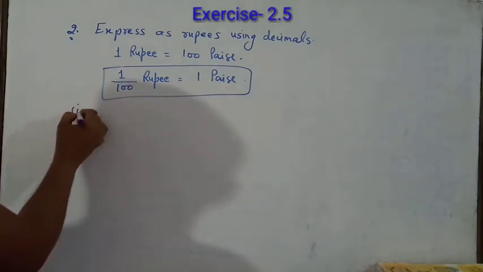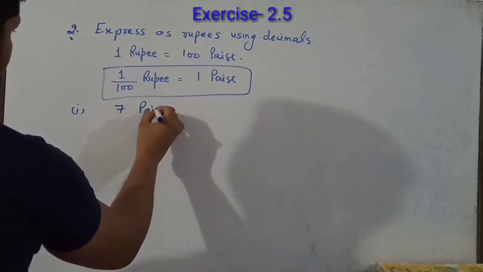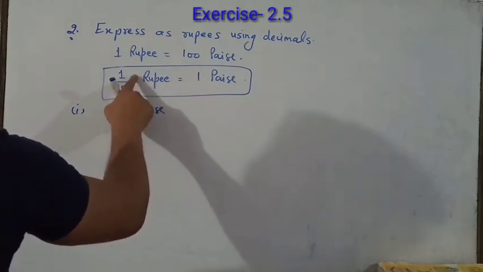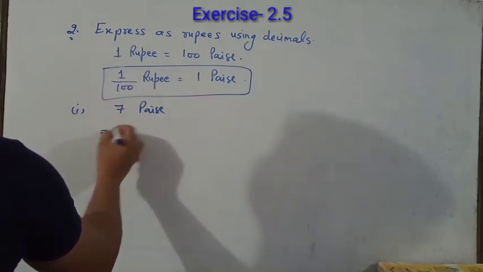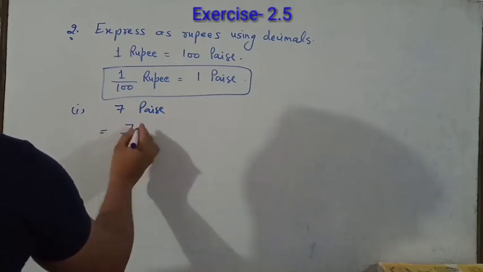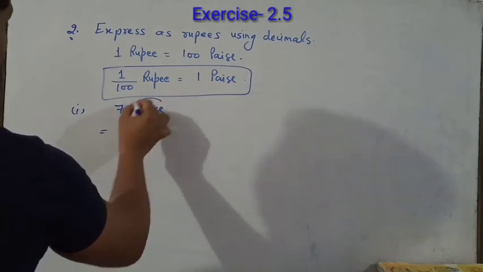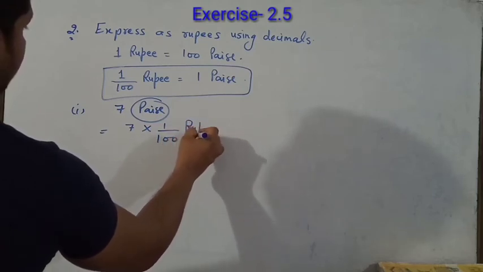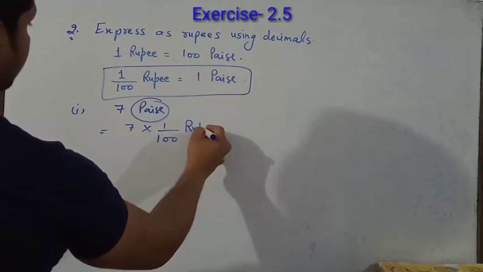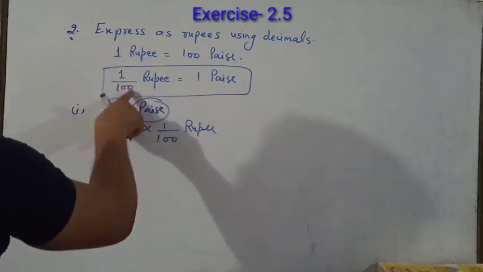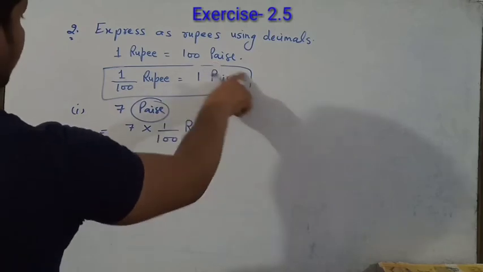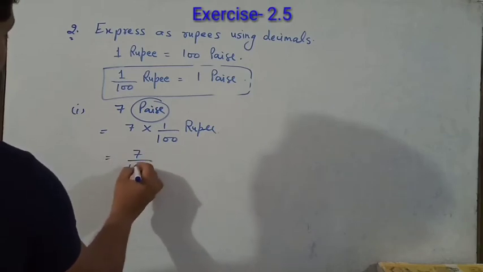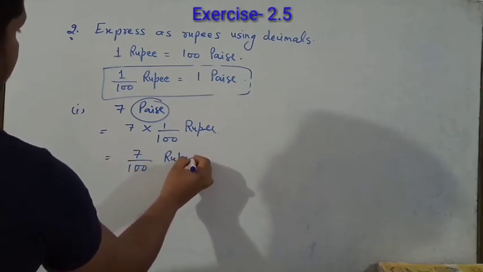They get confused. If you know this, then you will not be confused. So first we have 7 paise. We will convert it into rupees. 1 paise is equal to 1 upon 100 rupees. So we put this in place of 1 paise: 1 paise is equal to 1 upon 100 rupees. Then 7 paise is 7 upon 100 rupees.